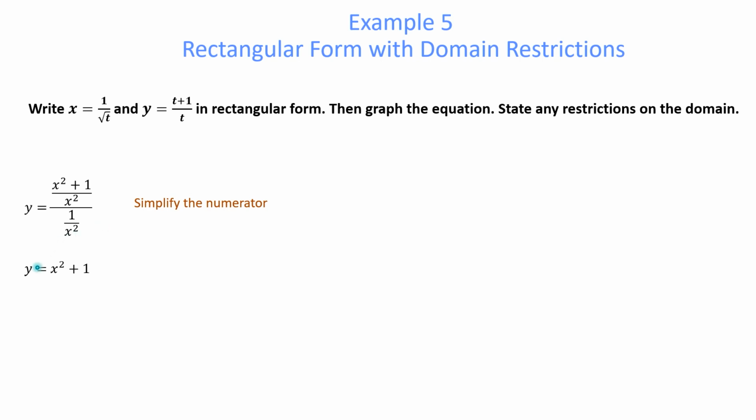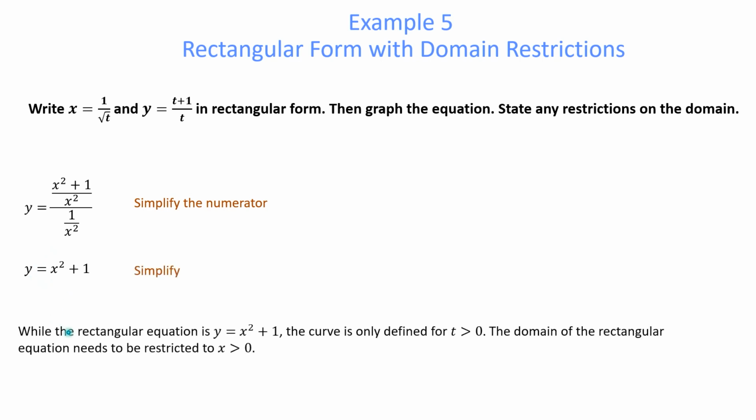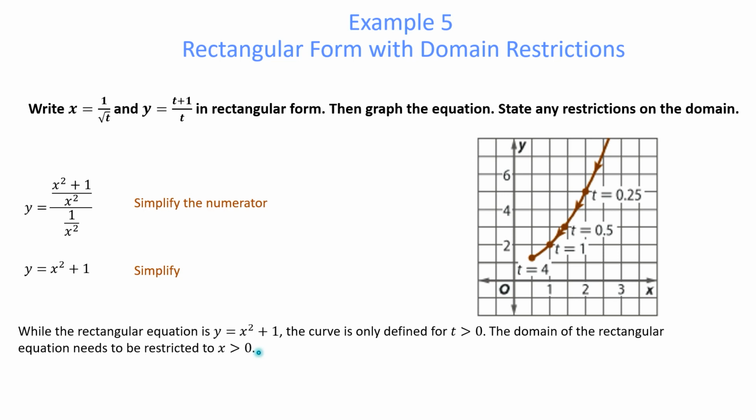So we are left with y equals x square plus 1. While the rectangular equation is y equals x square plus 1, the curve is only defined for t greater than 0. The domain of the rectangular equation needs to be restricted to x greater than 0. Here is the graph.